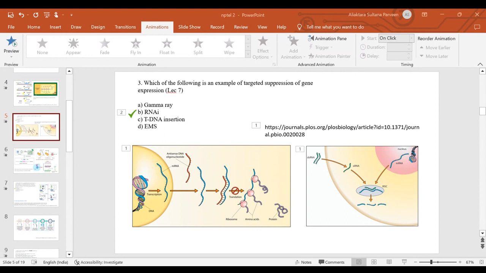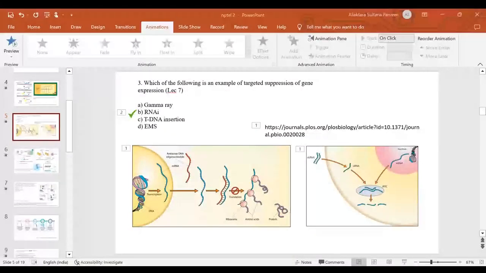Another is the tDNA mediated insertion. tDNA, if you already know, is actually nature's own genetic engineer. In Agrobacterium, the bacteria contains a Ti plasmid, and the Ti plasmid contains a tDNA.